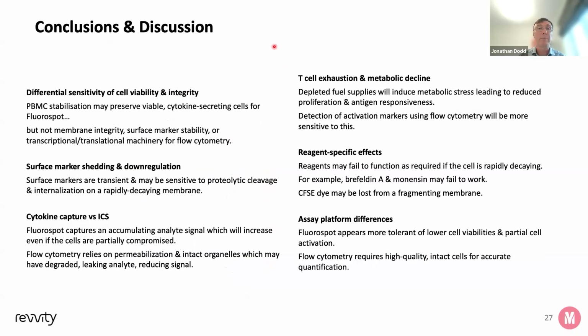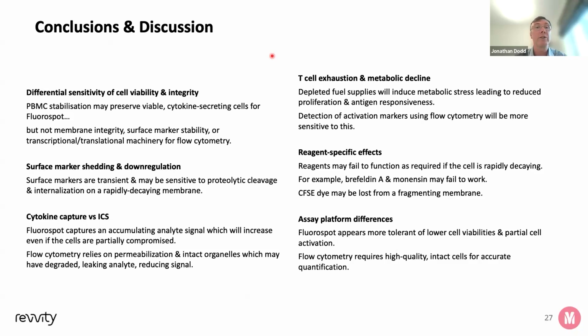So we've spent quite a long time trying to understand why we see this difference on the FluoroSpot and the flow cytometry platforms, and we believe that it's due to a differential sensitivity in the cell viability and integrity requirements that the two platforms have.